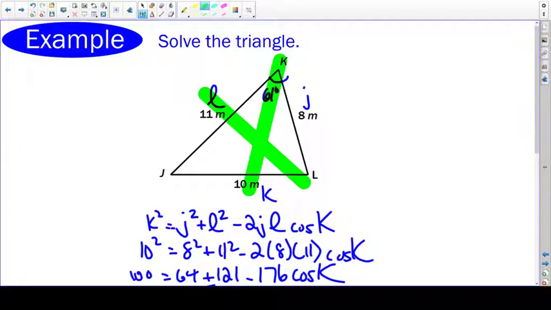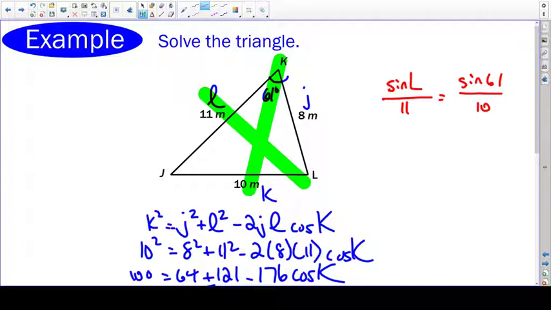So let's use sine law. And let's find L. So the sine of L over little l, which is 11, equals the sine of 61 over 10.